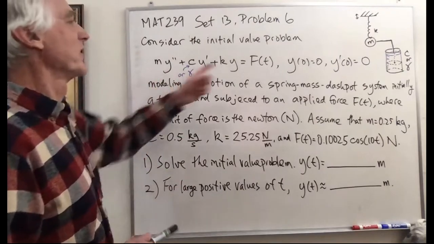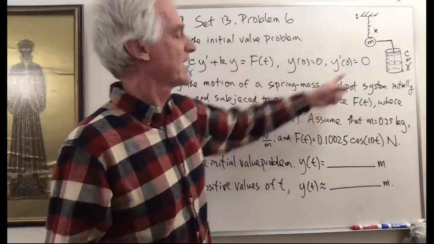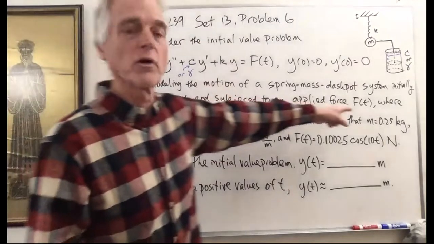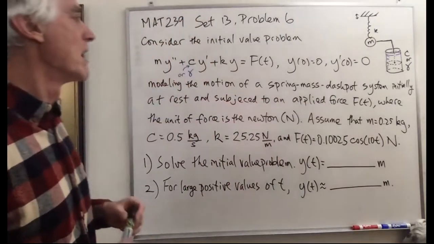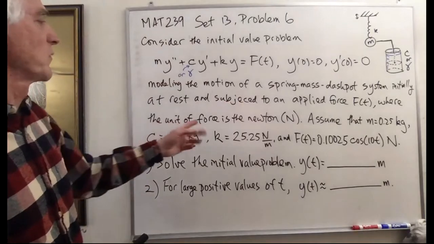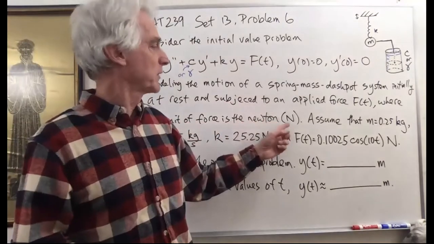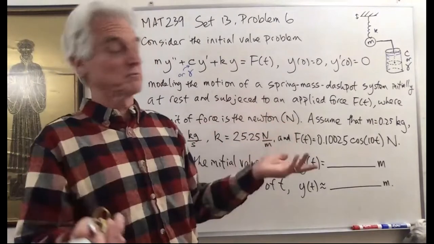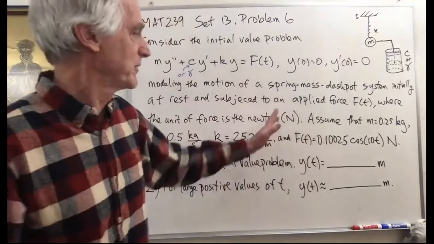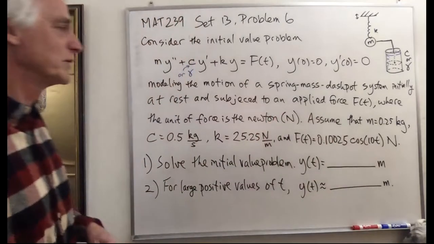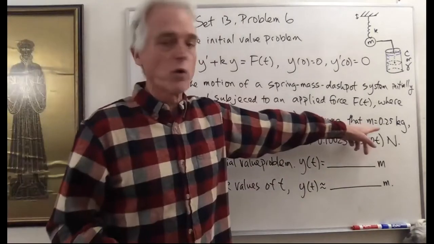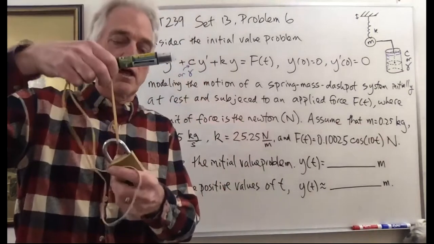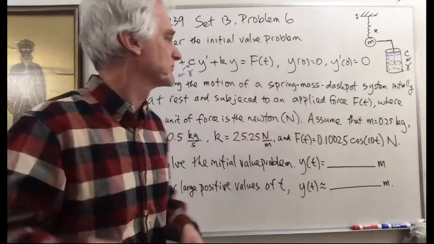All right, so this models the motion of a spring mass dash pot system initially at rest and subject to an applied force F of t. The unit of force is newtons. We're going to use capital N for newtons, although the SI abbreviation is really small n, but I think big N makes more sense intuitively. The mass is 0.25 kilograms, 250 grams.